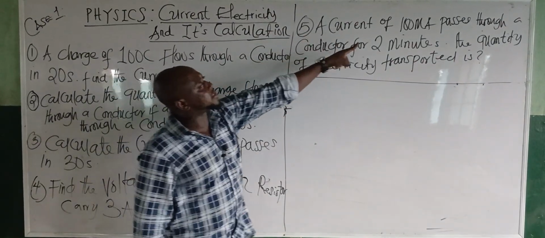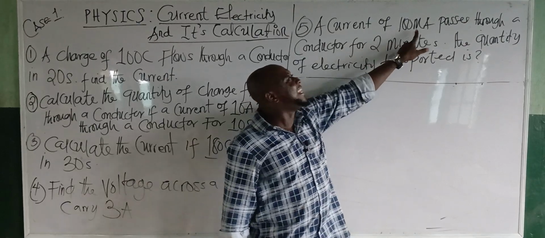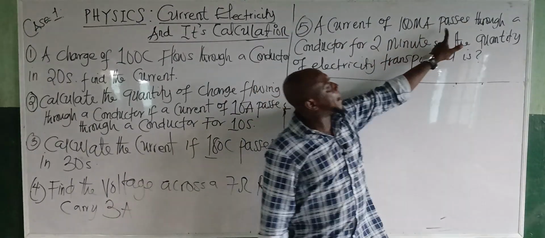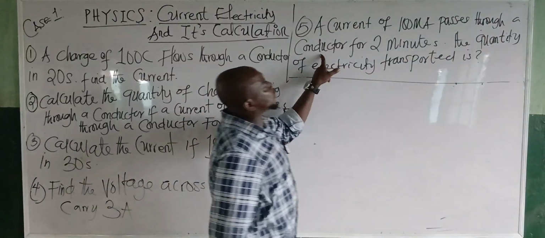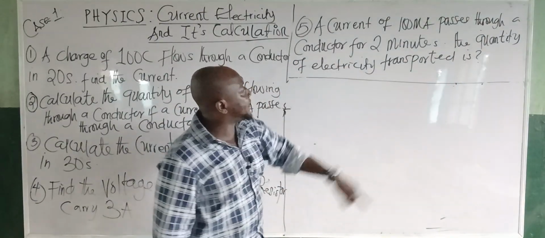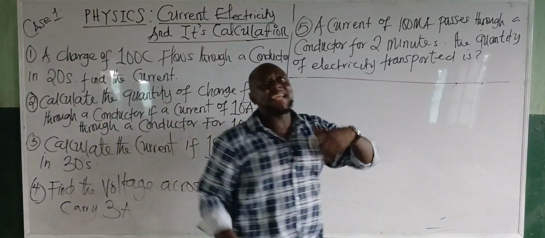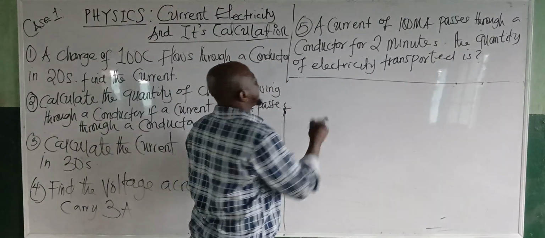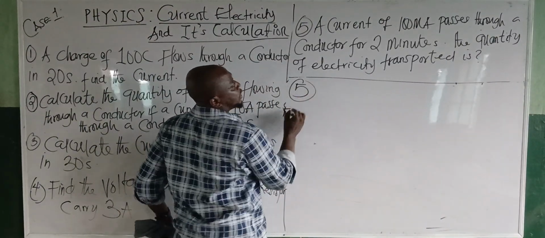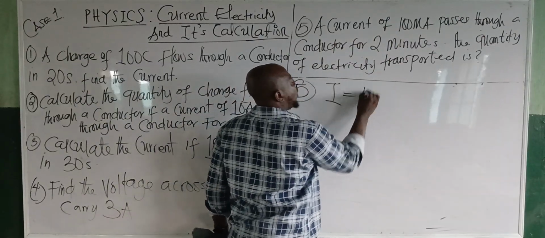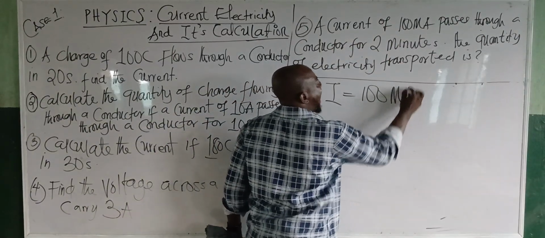They said a current of 100 milliampere passes through a conductor for 2 minutes. They said the quantity of electricity transported is, obviously, let's list out what is given to us. So number 5, we have I to be 100 milliampere.